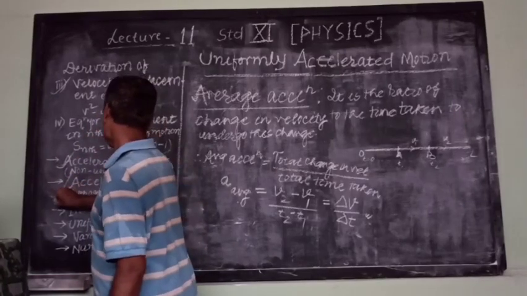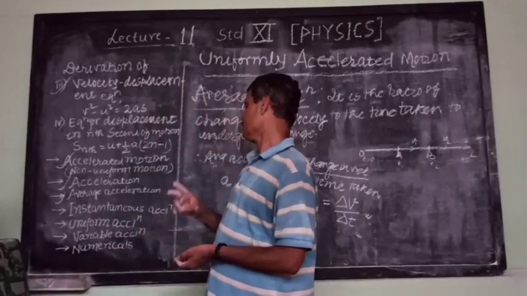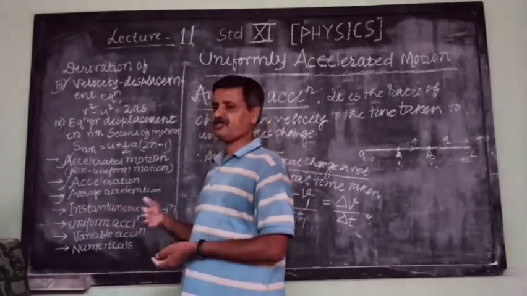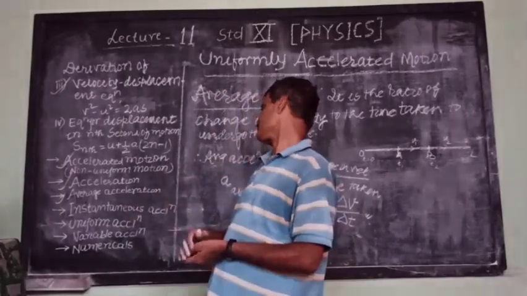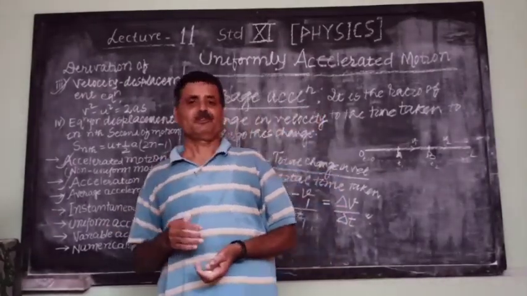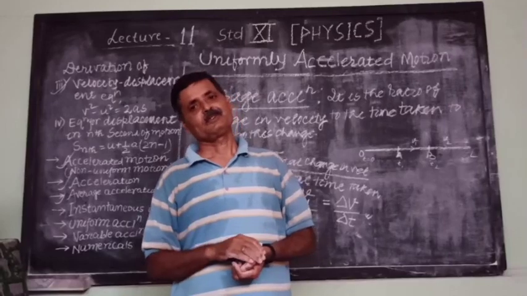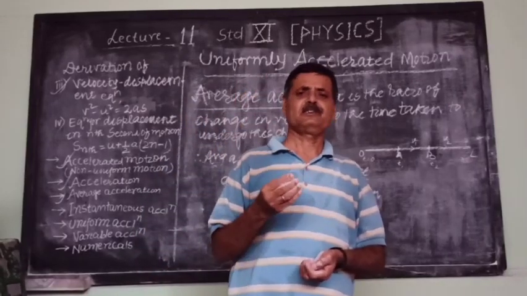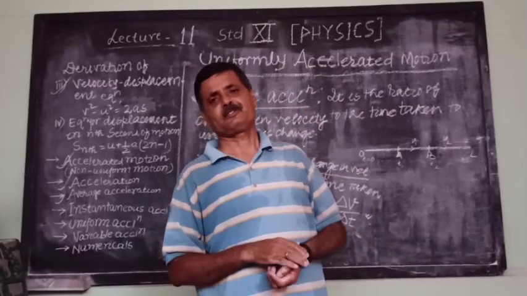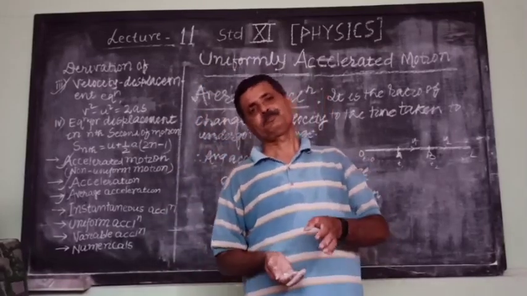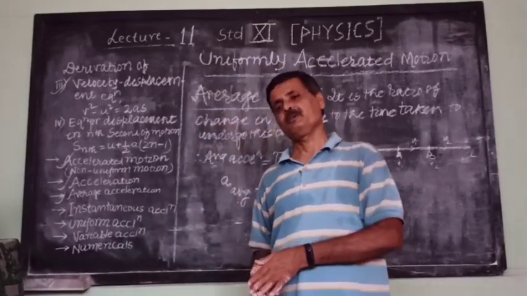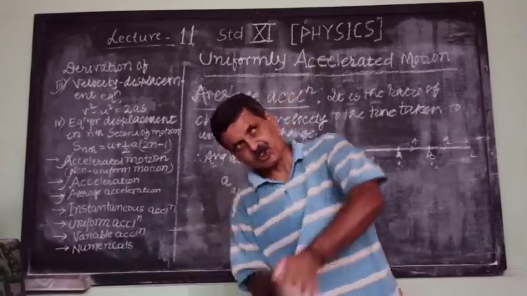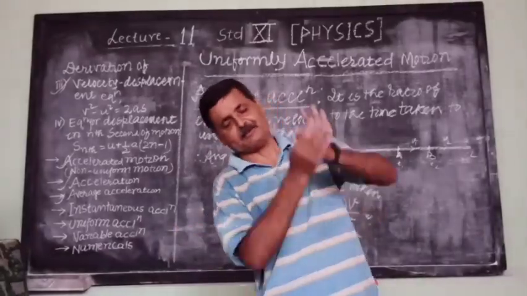Now the next term is instantaneous acceleration. What do you mean by instant? Instant means a particular time. Suppose a bowler throws the ball, and at a particular time the hook shot is applied by the batsman.